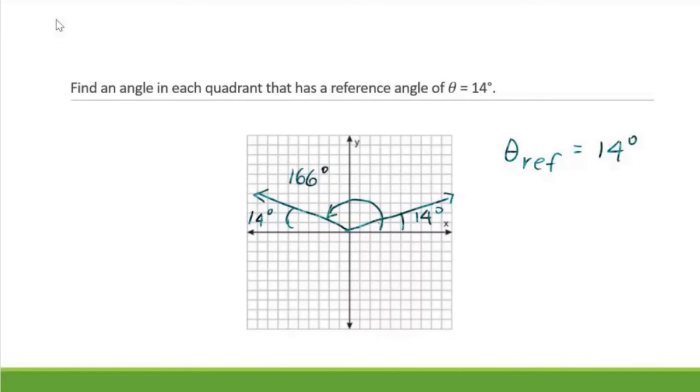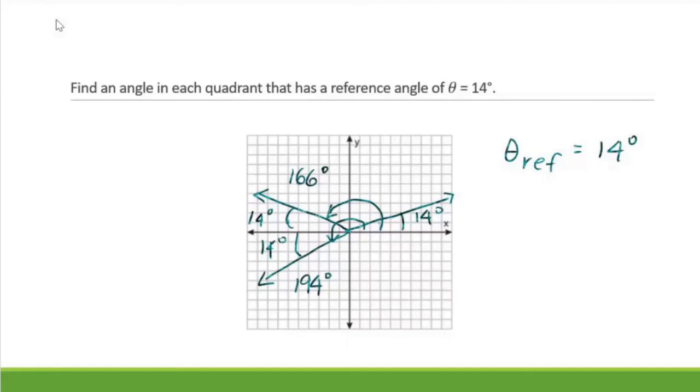If our reference angle is related to an angle in quadrant 3, the reference angle tells us we are 14 degrees beyond 180 degrees. And 180 degrees plus 14 degrees is 194 degrees. So in standard position, we would label this angle as 194 degrees.